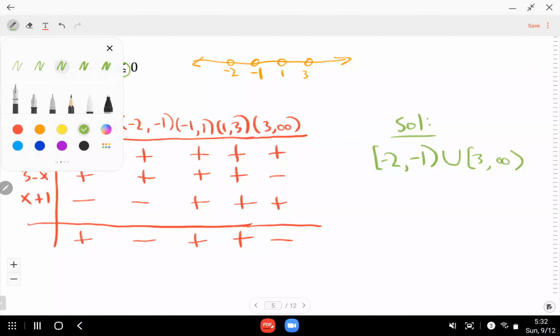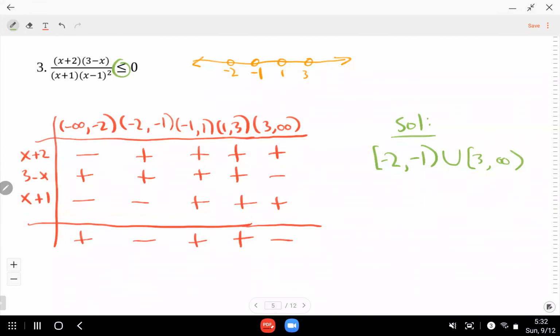The big thing to take away from this problem is to make sure that your denominator is not undefined. And if you ever see this squared, remember to still exclude the 0, but you don't have to add it as a factor because it's always positive.